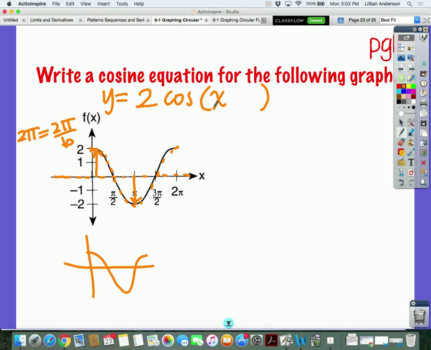Now the phase shift. Listen carefully. For cosine, if cosine starts at a maximum on your y-axis, then there is no phase shift. I will say that again. For cosine, if a maximum occurs at your y-axis, there is no phase shift.